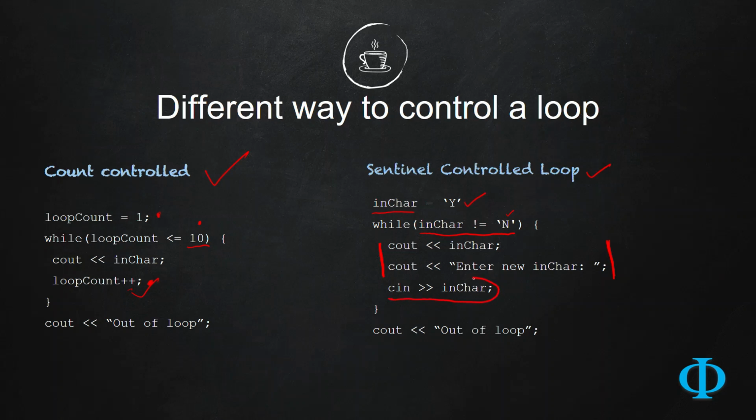Now here is the main difference. If you observe this line, instead of doing any arithmetic operation like increment or decrement or something else, I am asking the user to give some input, and based on this user's modification or the new value inserted by the user, the next iteration of the while loop depends.